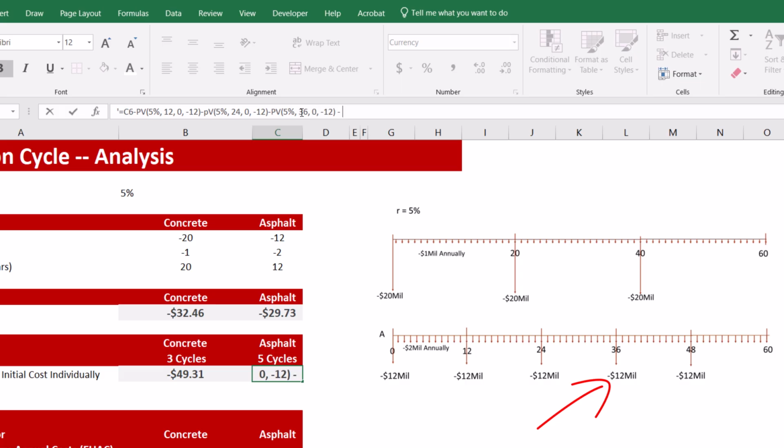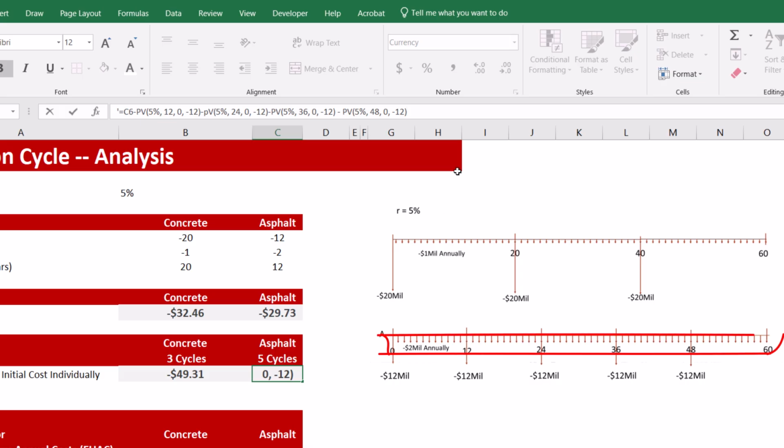And then finally, the final one, minus PV at 5% over 48 periods, so we're discounting this 12 million with 0 payments and minus 12. And then once we've discounted each one of these, we have to discount to the present the 2 million annual payments that we're getting over the 60 periods.